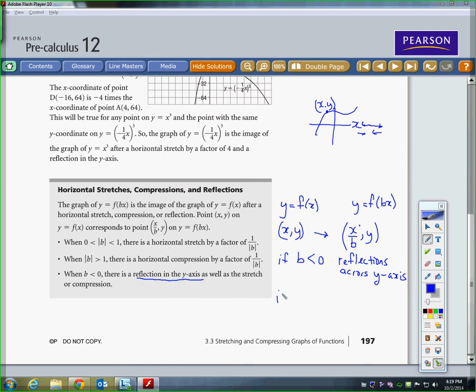Now we'll say if the absolute value of b is less than 1, so that was when I was playing around there, and it was like 0.2 or 0.3 or -0.2 or -0.3. Before with the a values, when we were changing the y's, a smaller one made a compression. It kind of made sense. This one's the opposite of that. So if it's a smaller one, then you're going to get a horizontal stretch.